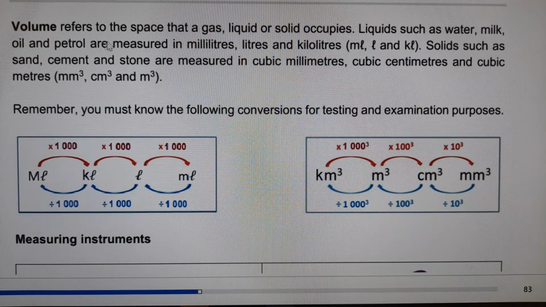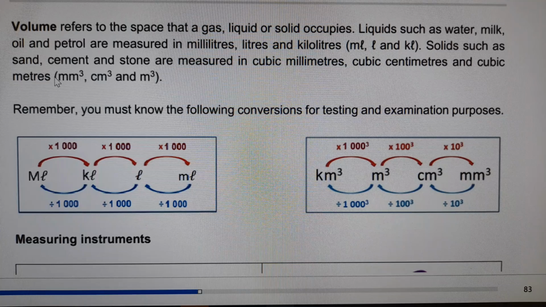Volume refers to the space that a gas, liquid, or solid occupies. Liquids such as water, milk, oil, and petrol are measured in milliliters, liters, and kiloliters. Solids such as sand, cement, and stone are measured in cubic millimeters, cubic centimeters, and cubic meters.